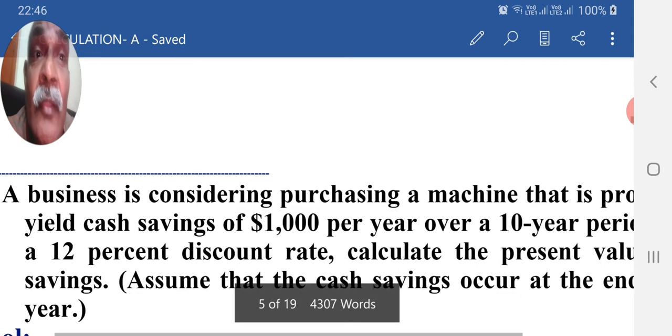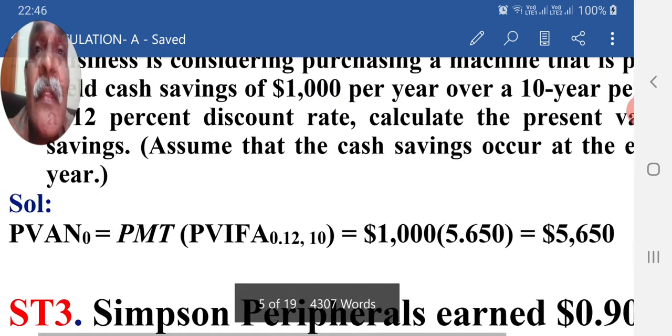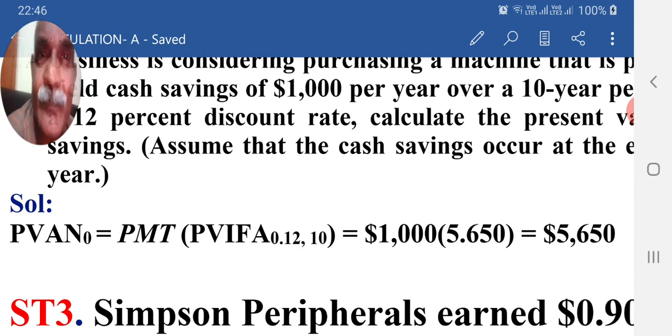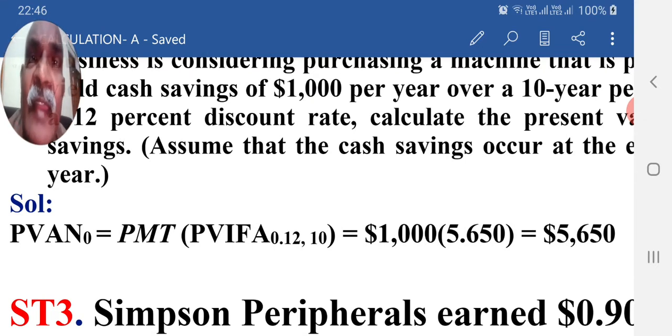So here you have to see the annuity factor table. And here how do you calculate present value? Present value of annuity is equal to the same, only thing is you have to add annuity. Present value annuity is equal to payment. Payment means here the future value.